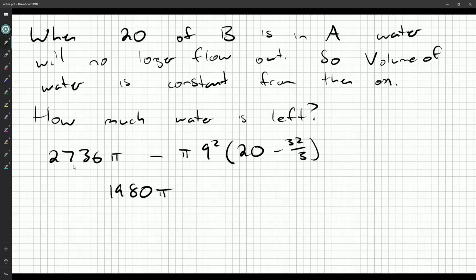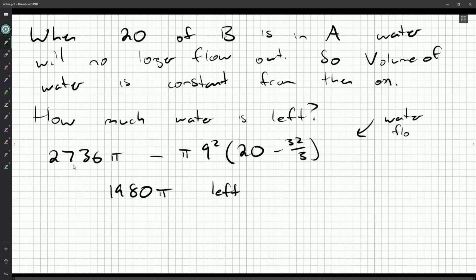Multiply by 81. And 2736. Okay, 1980. So we've got the water that flowed out. Okay, so this amount of water is what's left.